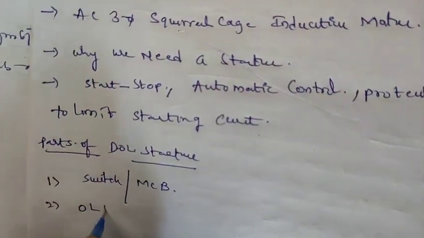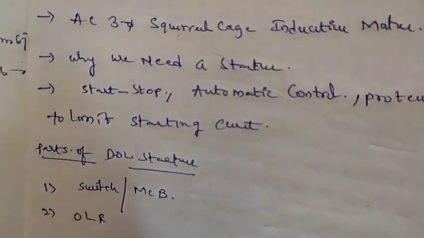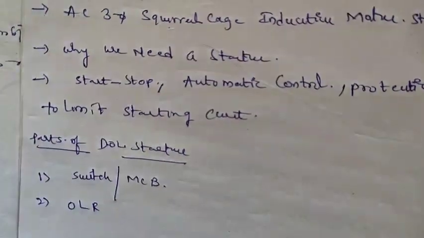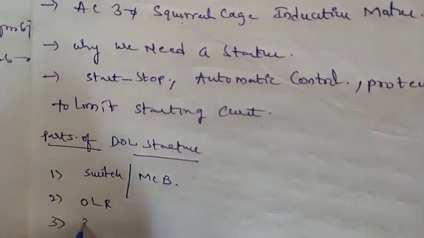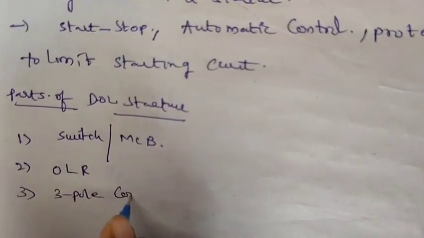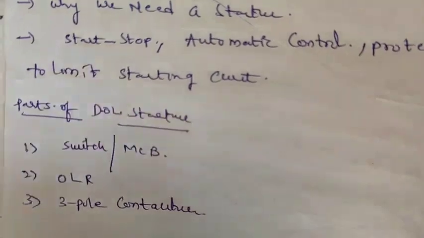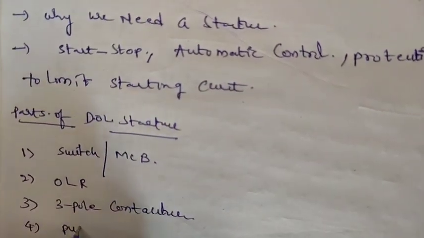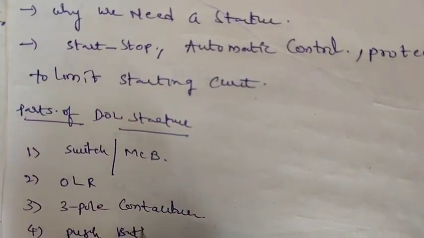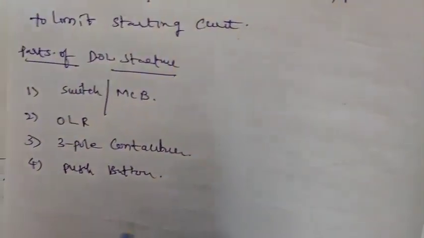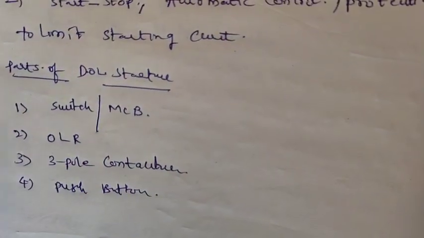Next, OLR means overload relay. Next, 3-pole contactor. And finally push button. These are the main parts in the DOL starter.